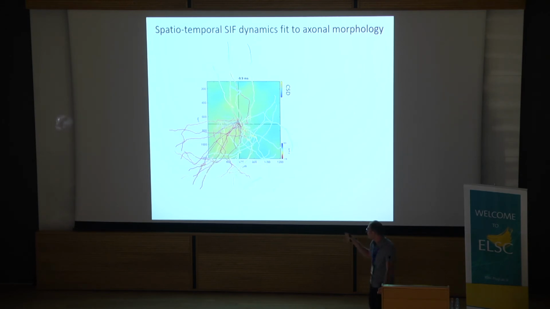And you will see what happens now following a spike. So this is the spike, and then after the spike, we have this slow potential. And if you notice the positions of these currents, you see that they are correlated with the position of these red axons, so the axons that are close to the multi-electrode array.